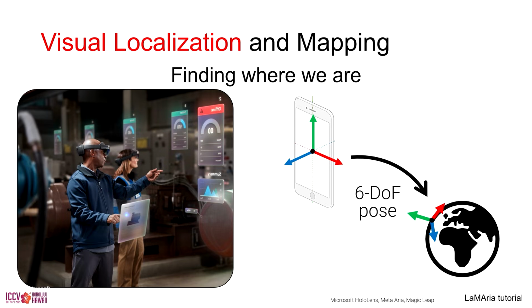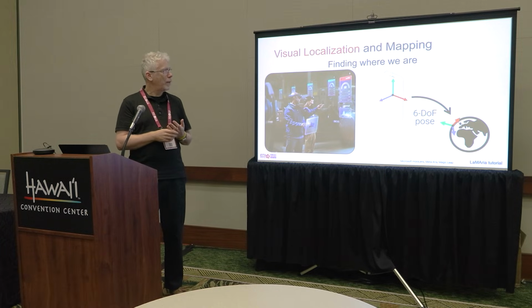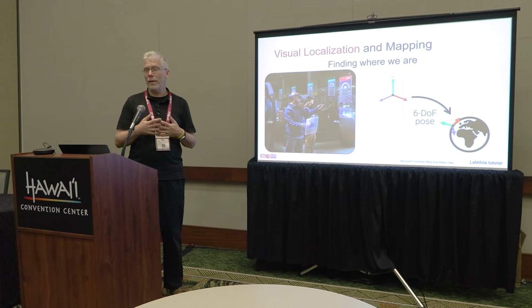So essentially the key problem that we're looking at here is, for systems where we can add virtual digital pixels and overlay them with the world, to be able to do that in a consistent way, we need to be able to localize our device with a display that allows us to overlay this information on the world.